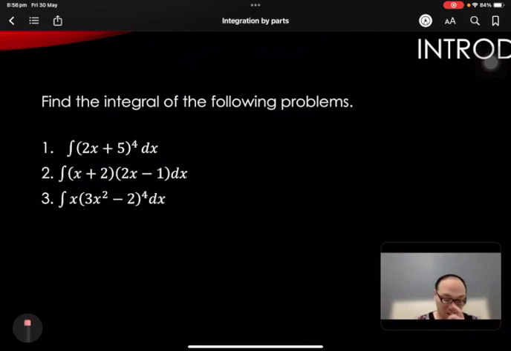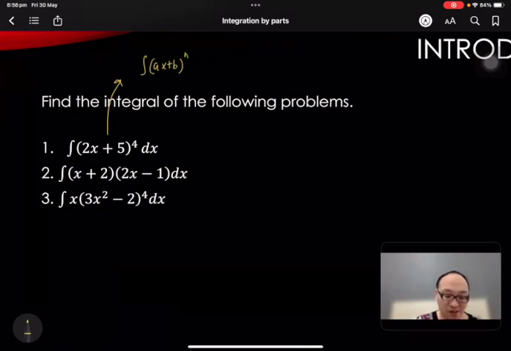If we remember, question number 1 follows the form of the integral of (ax plus b) to the power of n dx. And this answer is the opposite of the power rule combined with the chain rule. So this is (ax plus b) to the power of n plus 1.